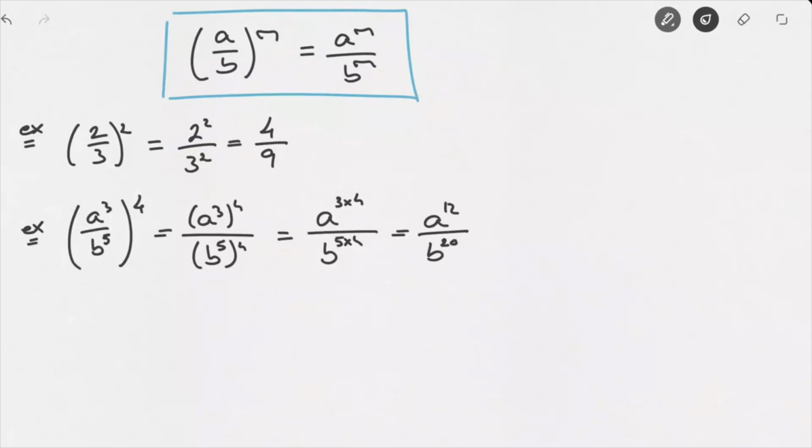Now, let's just go ahead and see an exam type question that we may be faced with. Let's say we're asked to simplify as much as possible the following expression: 2p to the power of 5 times q to the power of 3 over p to the power of 2 times q, and all of this is raised to the power of 2.